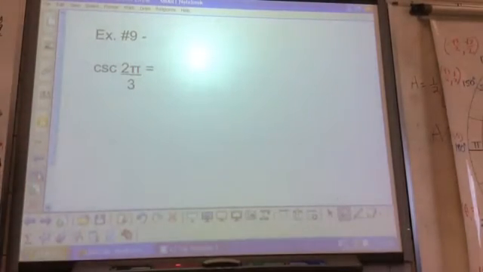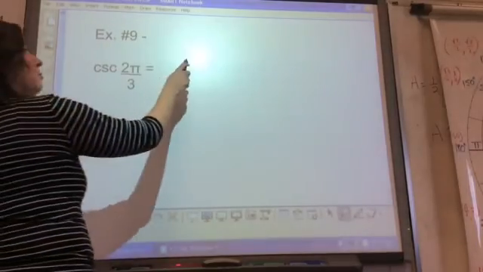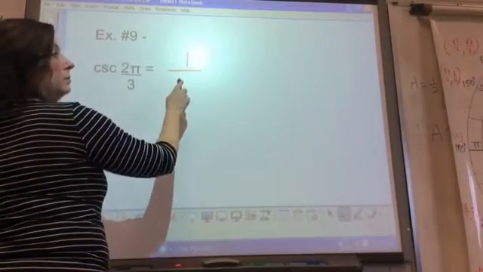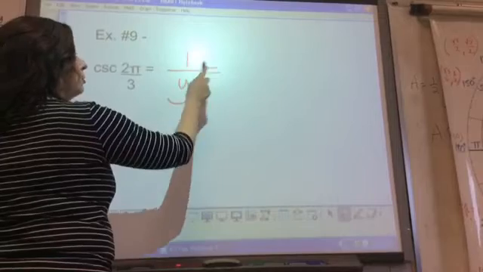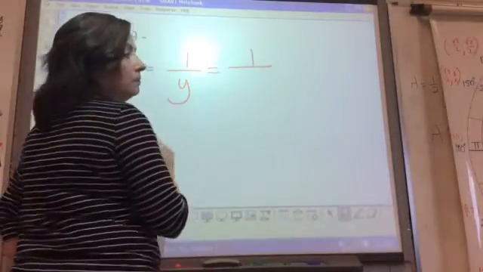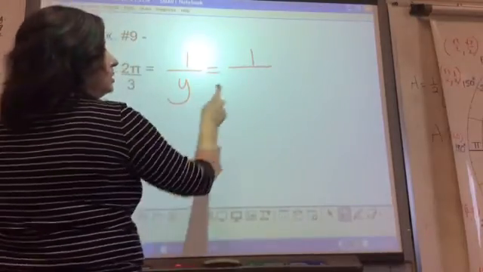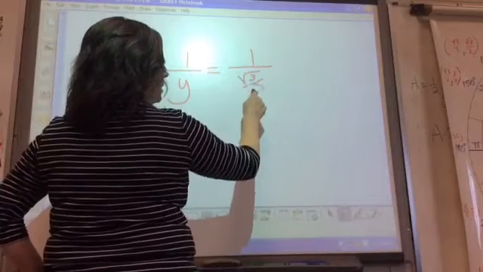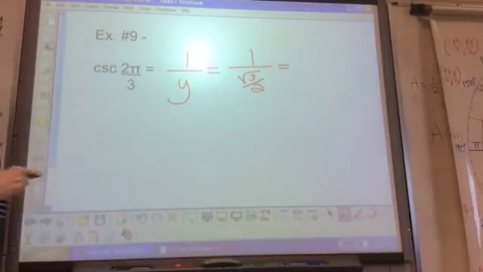All right, let's try another one. Cosecant. By definition, cosecant is 1 over y. So you're going to go to 2 pi thirds on the circle and do 1 over square root of 3 over 2. And let the calculator do its magic.